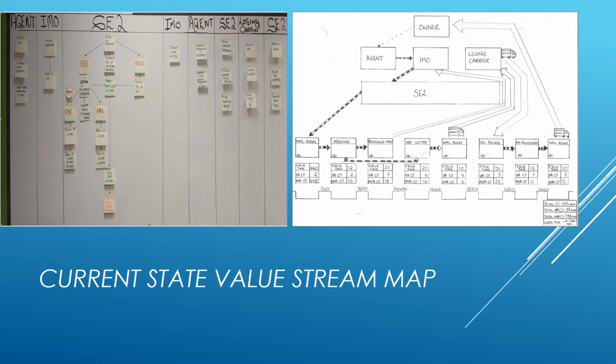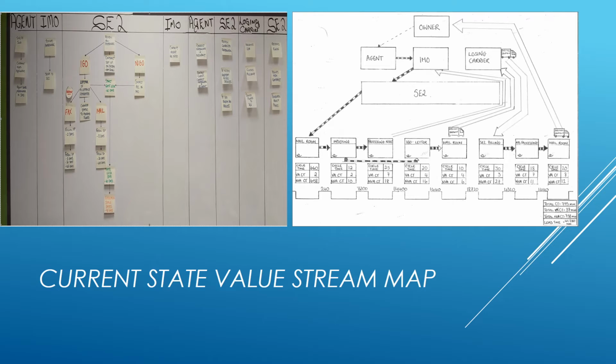When we look at the current state, we can see the picture here on the left hand side is all the potential touch points. At the very start of the process, the agent will be liaising with the customer. They will draw up the contract and get that signed off. Once it's signed off, they will send it to their IMO.